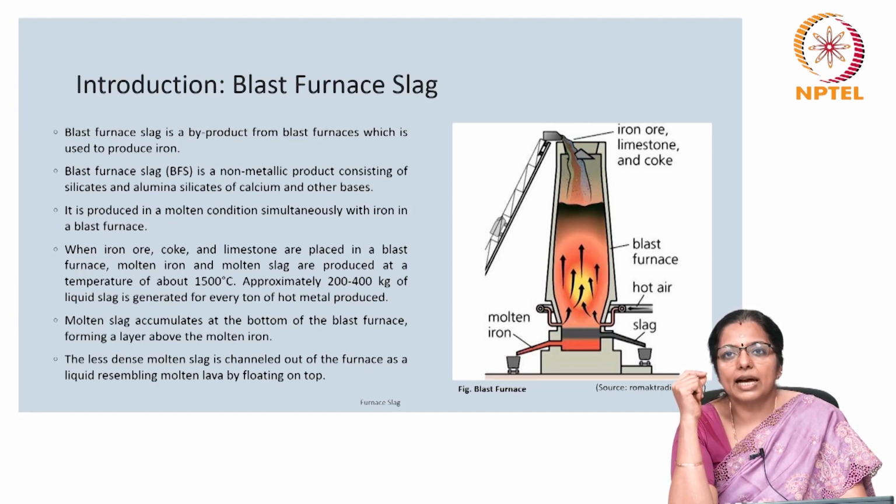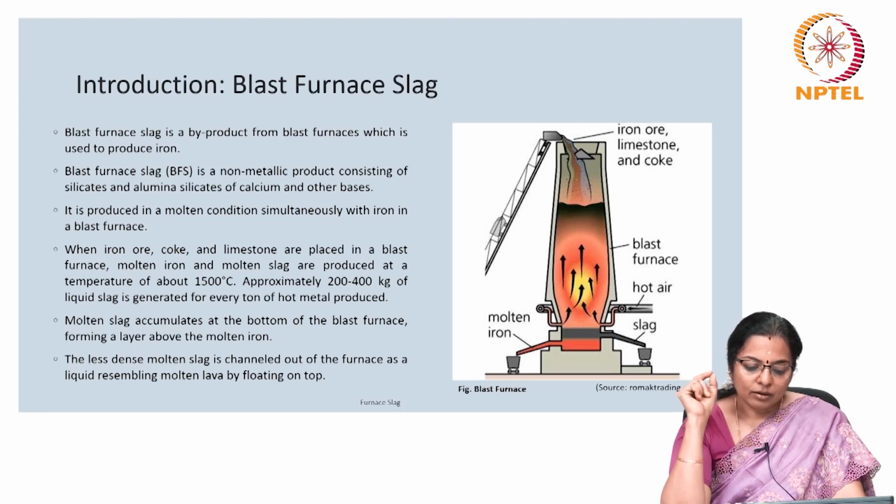This molten slag settles at the bottom of the blast furnace, creating a layer above the molten iron. Due to its lower density, the molten slag is directed out of the furnace as a liquid with a resemblance to molten lava.